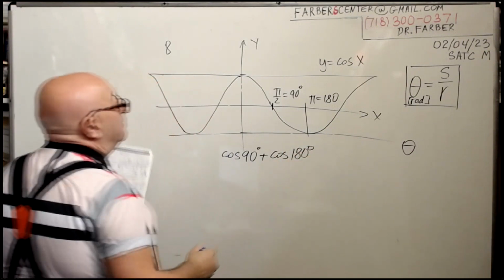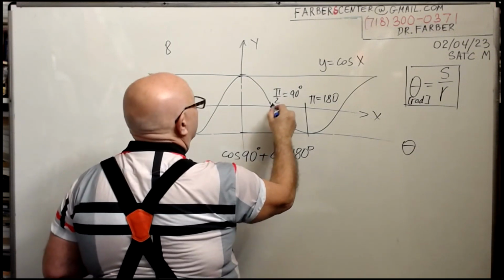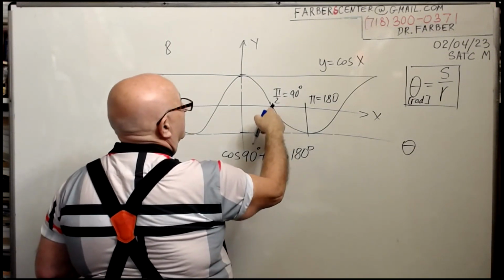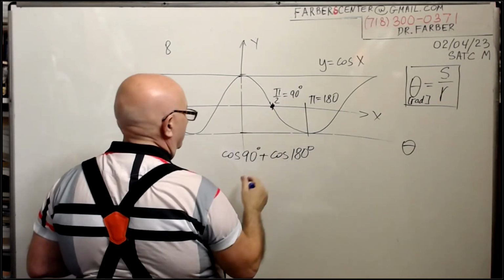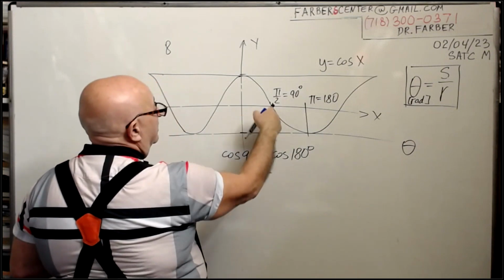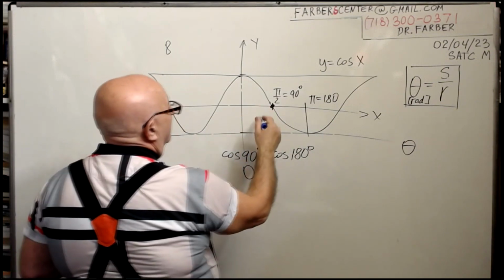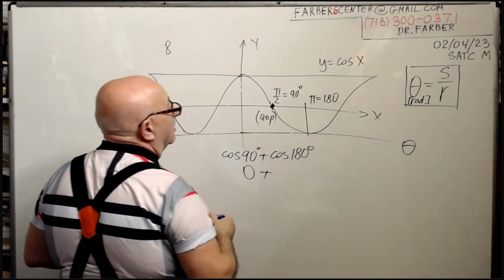From this graph, cosine of 90, when the angle is this 90 degrees, y equals 0. This is 0. Because coordinate of this point is 90, 0. What about 180?